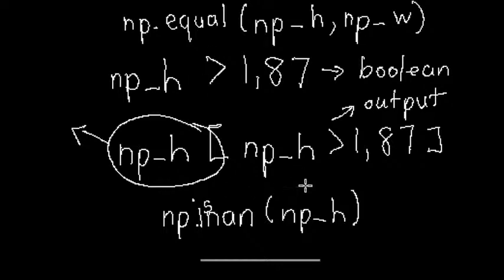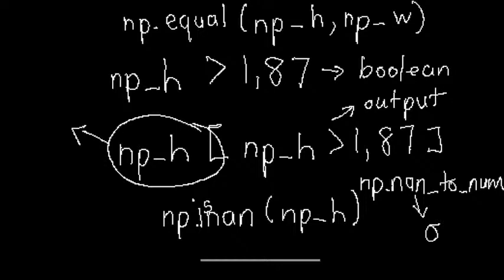We can also then convert those NaNs to numbers. So we would say np.nan_to_num, and it will basically convert any NaNs to 0. That's it.